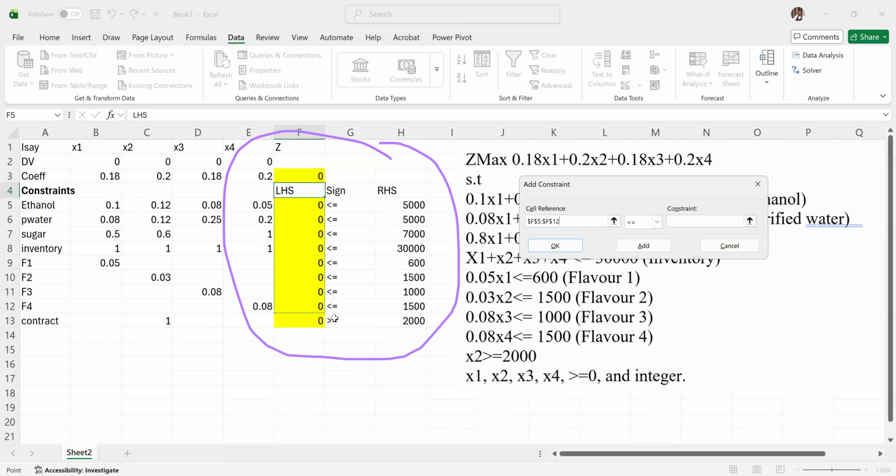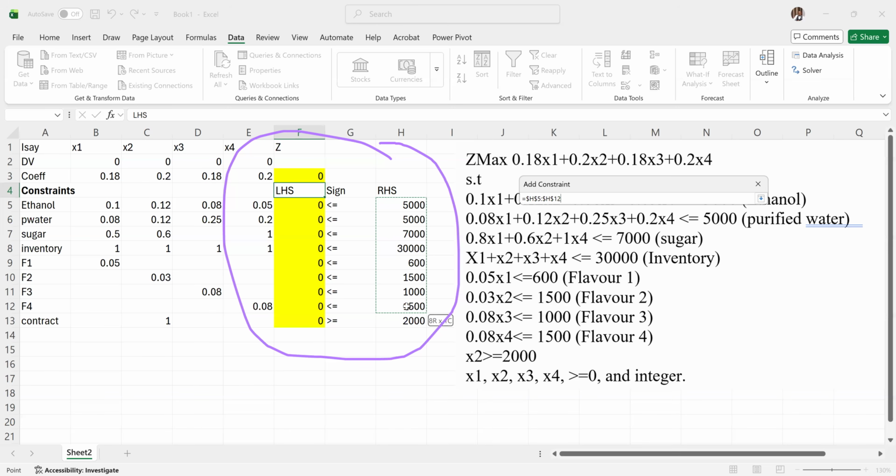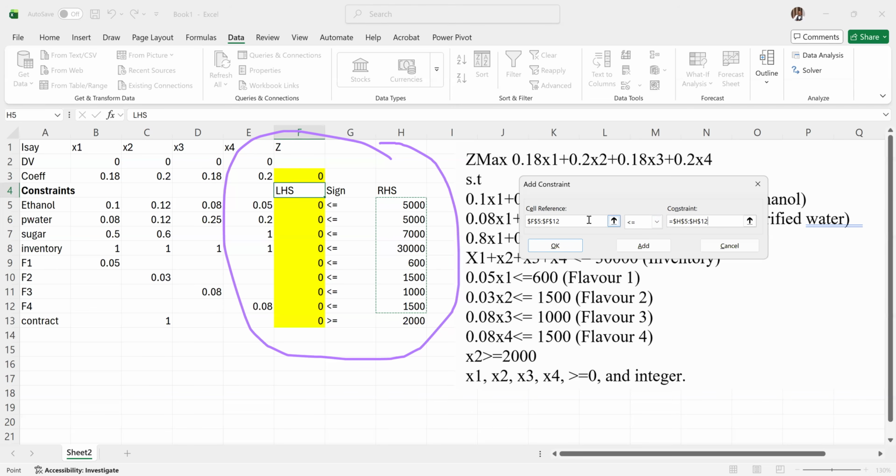Stop at the last but one. Then choose this arrow and select the less than or equal to symbol. It's actually the default, so you leave it as it is. And then on the right-hand side, which is the constraints, click the right-hand side and drag to the last but one. And that's it.